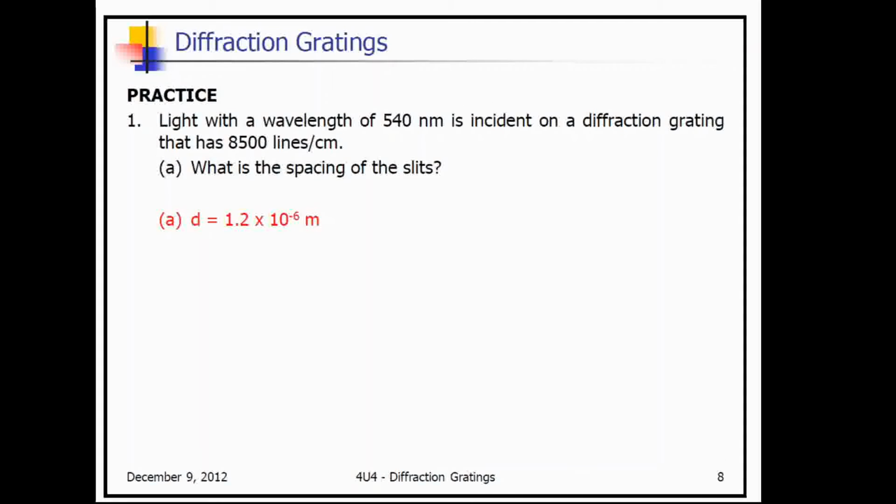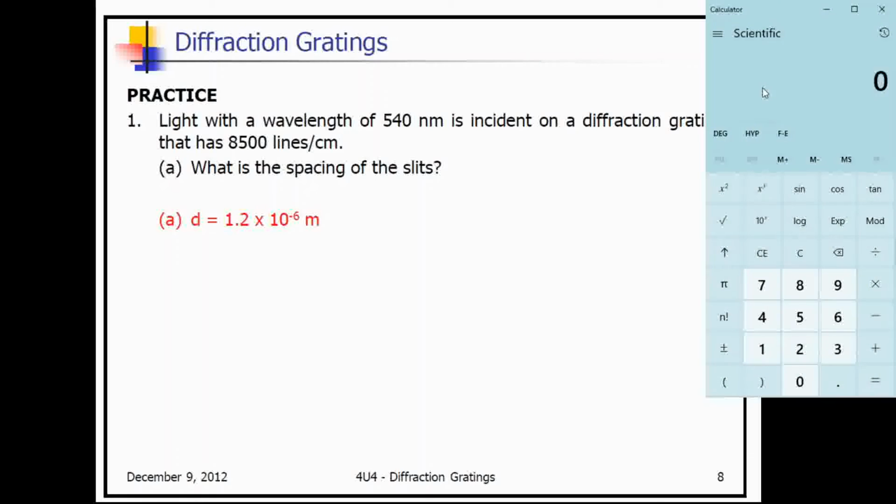Let's look at the first problem here. It says light with a wavelength of 500 nanometers is incident on a diffraction grating that has 8,500 lines per centimeter. We're asked, what is the spacing of the slits? The first thing we need to do is find out what 1 divided by 8,500 lines per centimeter is.